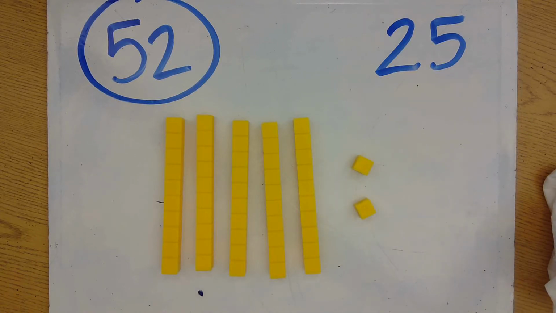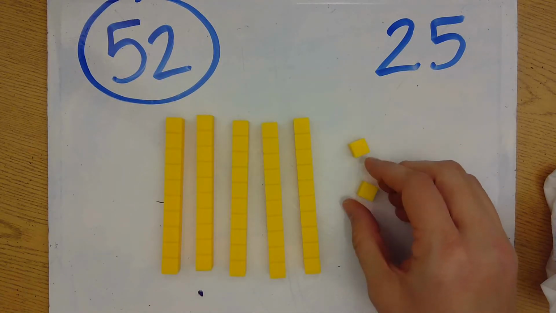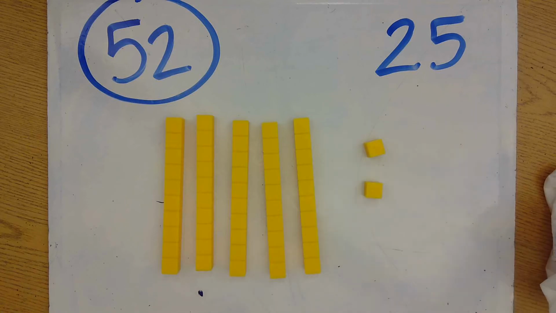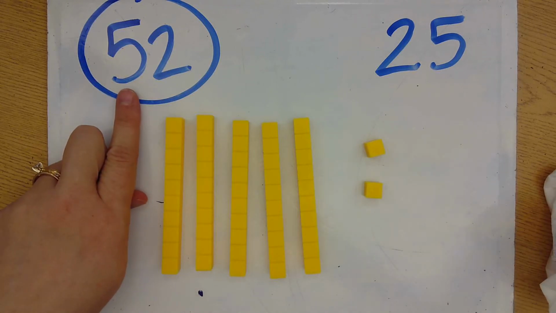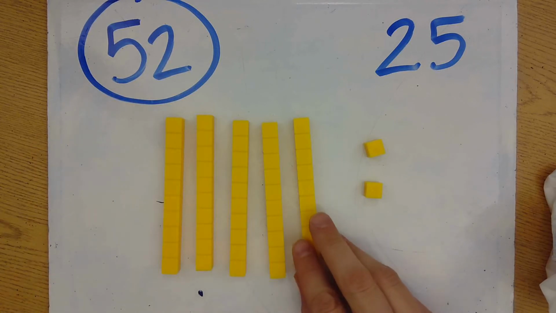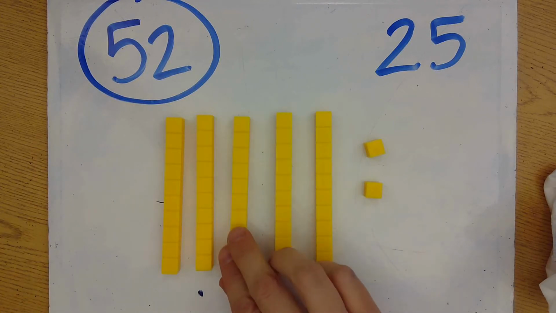So when we think about place value, we think about the numbers in each spot. In the ones place is a 2, and that's represented by 2 ones or 2 cubes. This, where the 5 is the tens place, and it's represented by groups of 10.